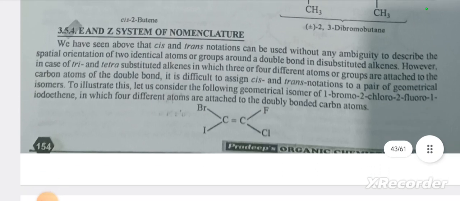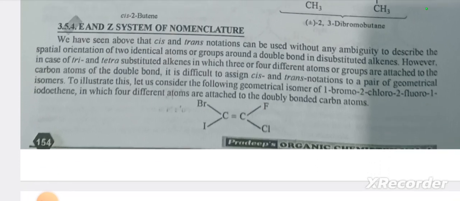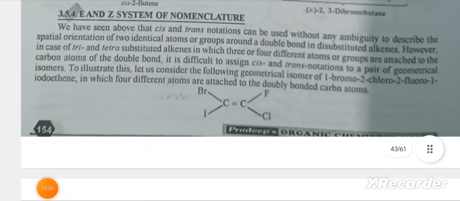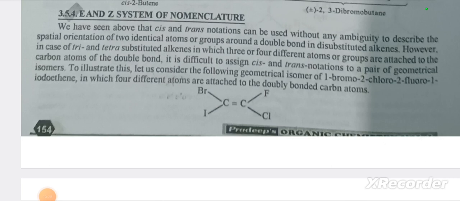E and Z system of nomenclature. We have seen above cis and trans notations can be used without any ambiguity to describe the spatial orientation of two identical atoms or groups around a double bond in the disubstituted alkene.